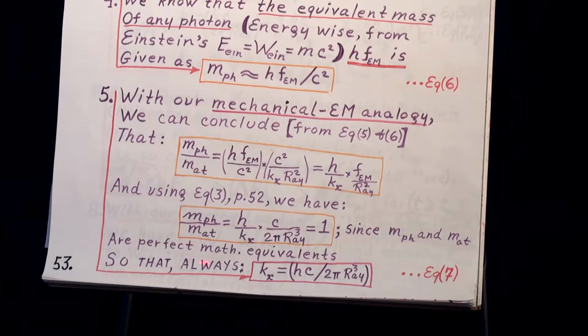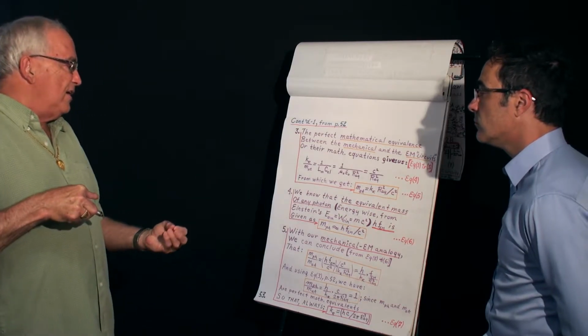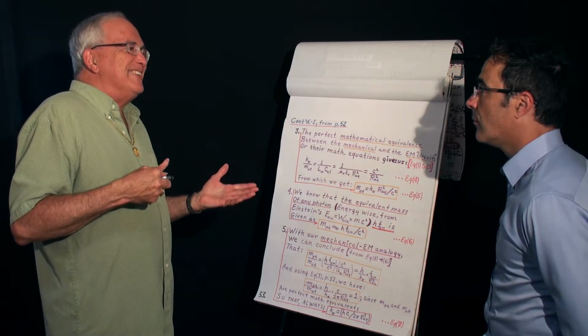And a perfect mathematical equivalence, so that always the elastic constant of the vacuum depends on rho squared, rho cubed, or the volume of the space considered. So the smaller the space considered, the greater the elastic constant.